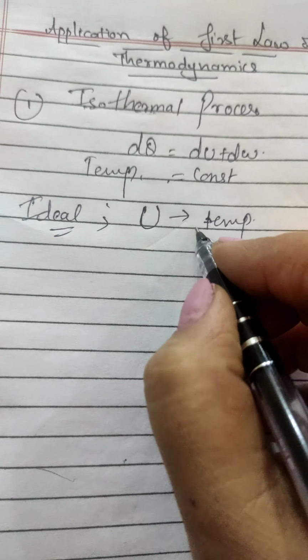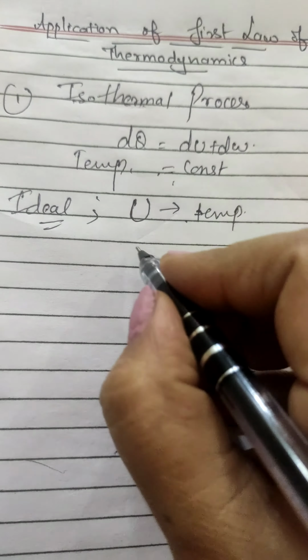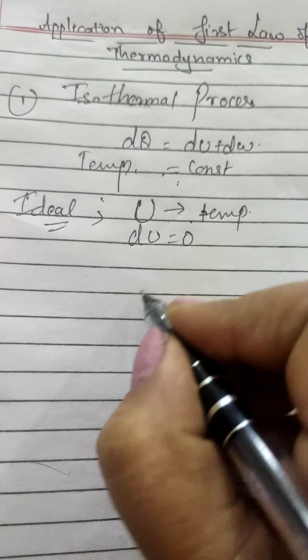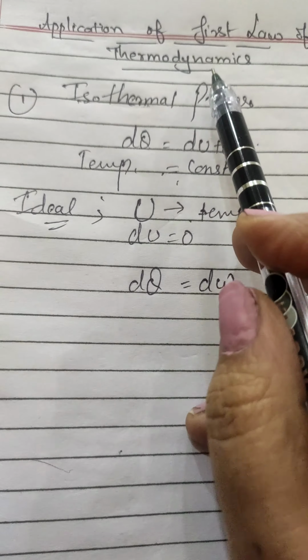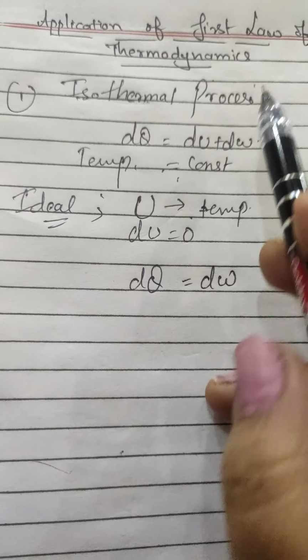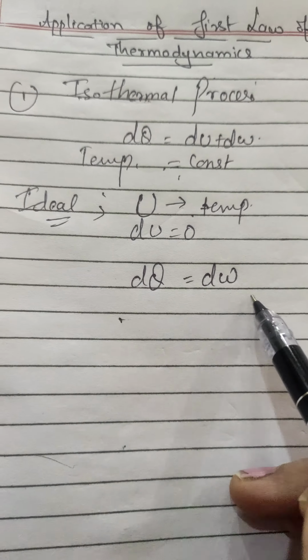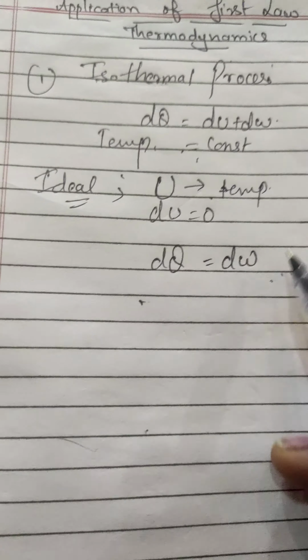So since temperature is constant, the change in internal energy dU is equal to 0. In that case, dQ is equal to dW. It means in the case of isothermal processes, the heat supplied to the system is used in doing the work only.